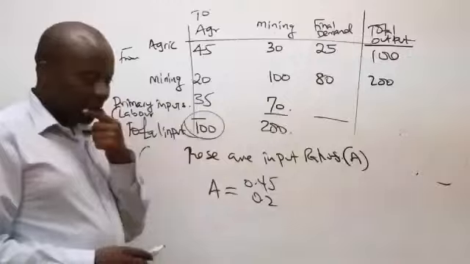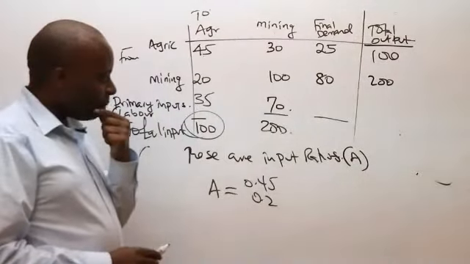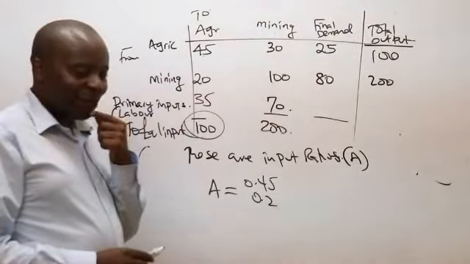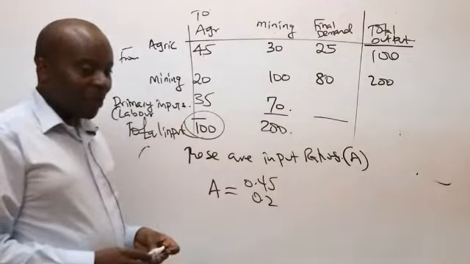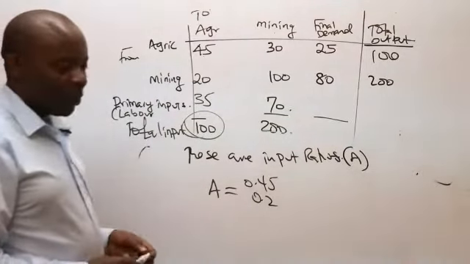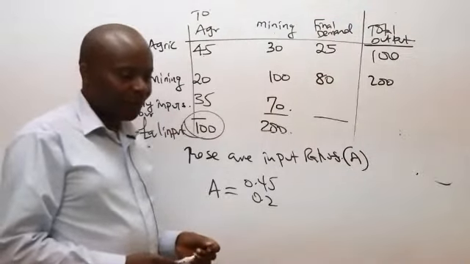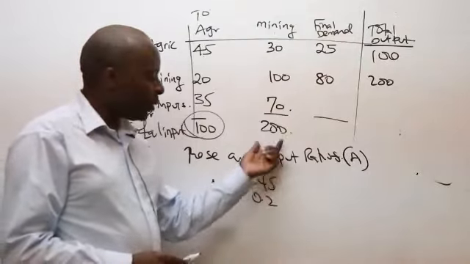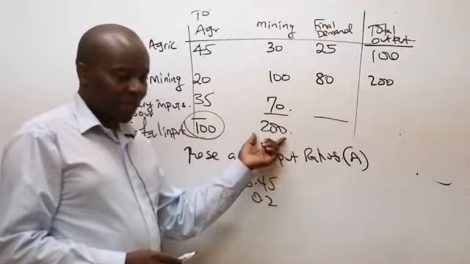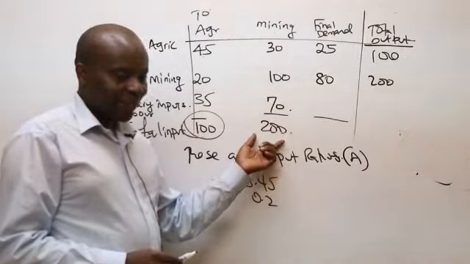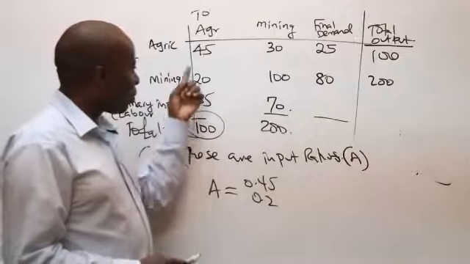Just try. 0.3 and 0.1. Thanks for trying, but be more careful. What is the total input here for mining? Not 100, it's 200. This one here was 100, so we took 45 over 100.